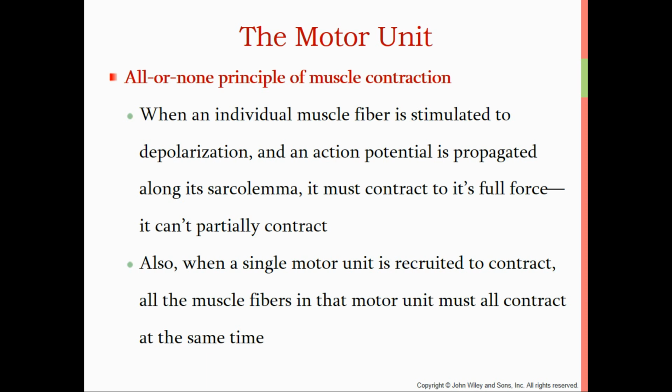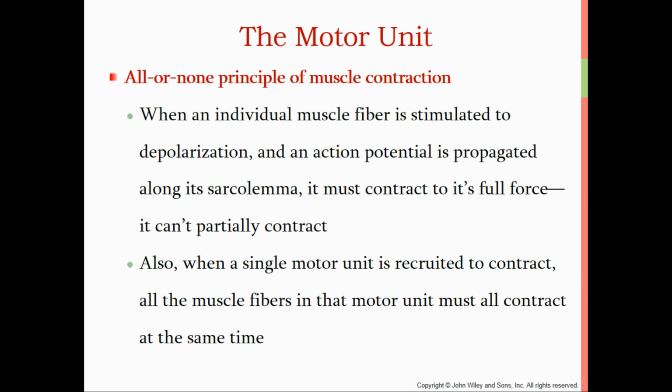So this brings up the question then, when I go to pick up a styrofoam cup, why don't I crush it if my muscle cells are going as hard as they can? And the reason is your body, using input from your touch receptors and pressure sensors, and using visual stimulation and context cues, automatically decides for you how many neurons it will use to tell how many muscle cells are needed to do a particular job.